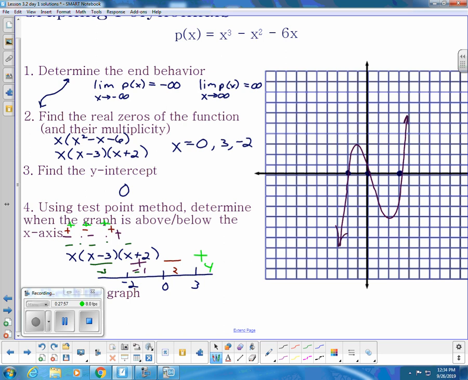By our sign chart, you go negative, then positive, then negative, then positive, and you can see that. And again, we're not worrying about where the maxes and mins are right now. We're just sketching it. Make sense? All right, let's do one more graphing one, and then we will get to the application problem, and then we'll be done.